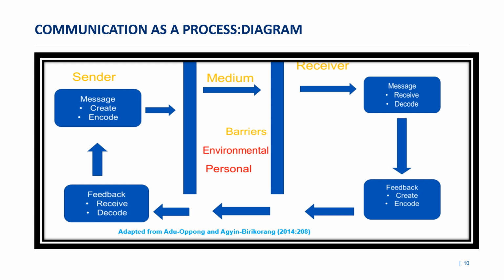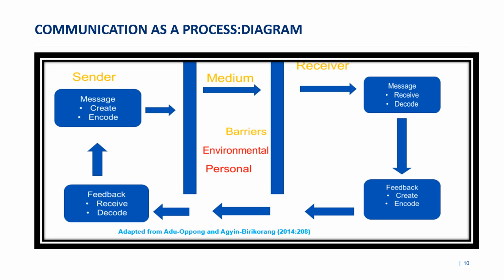But the sender must also select the medium or the channel in which the message must travel before it reaches the receiver. So there are different channels of communication which the sender can use. Some of these channels include television, radio, WhatsApp, Facebook, Twitter, and Instagram.